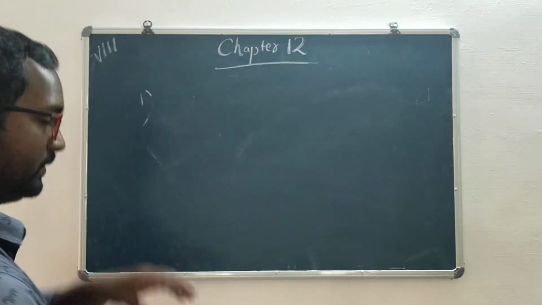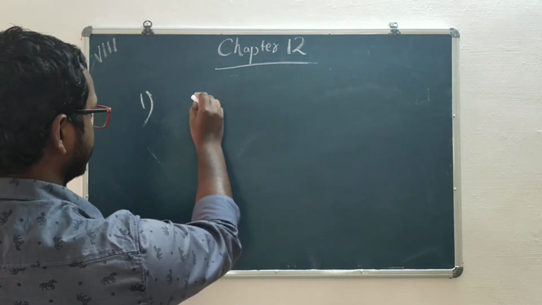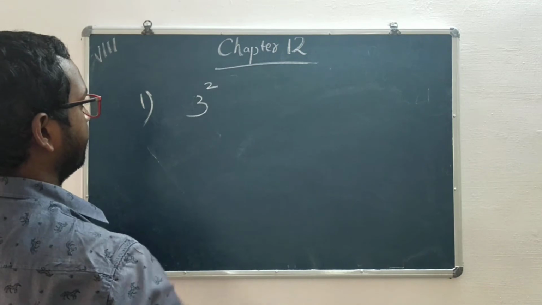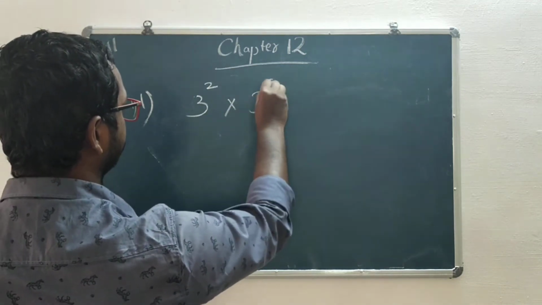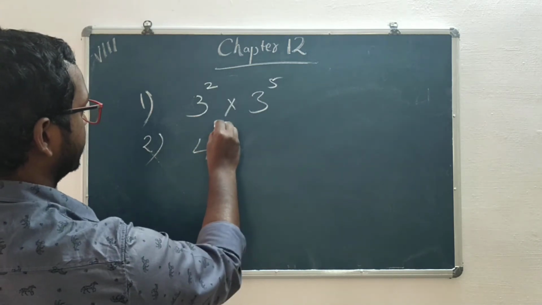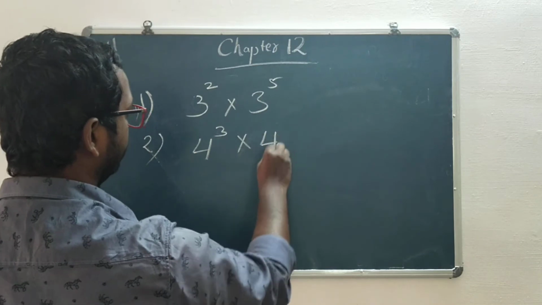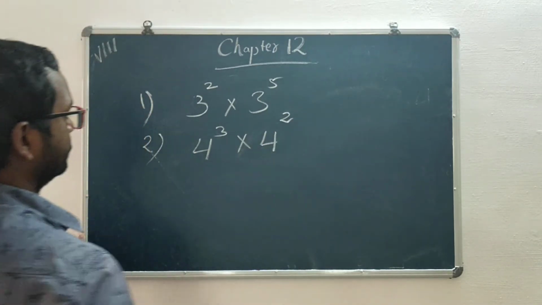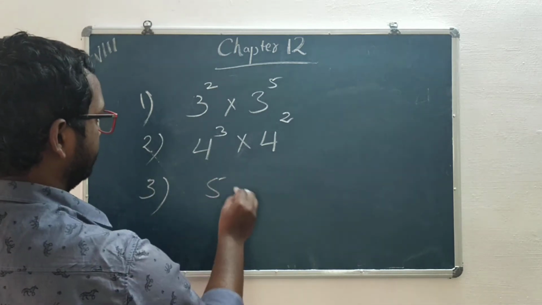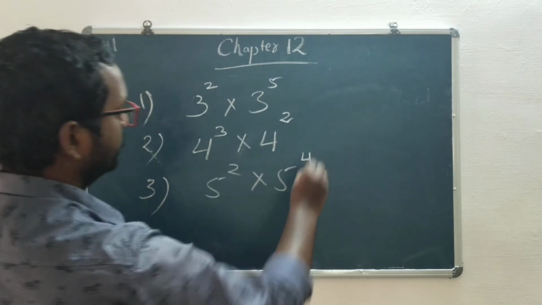Now, to the students, I'm giving some homework just for their practice, which is 3 power 2 into 3 power 5. Second, 4 power 3, 4 power 2, 5 power 2, 5 power 4.